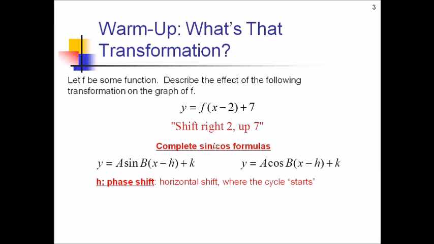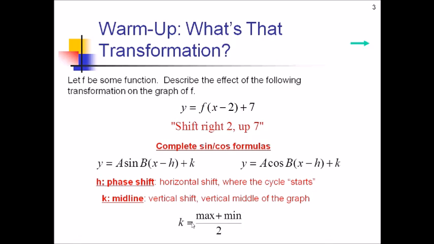And when we shift the function vertically with this k value, we call that the midline. This is where the vertical middle of the graph is. The midline can be found by taking the top and the bottom of the graph, the min and the max, and averaging them together. The midline is going to be halfway between your extremes. So max plus min over 2 will be our midline formula.